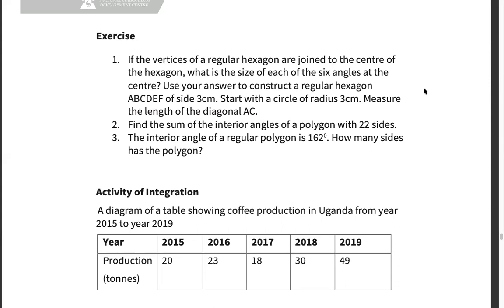Are you talking of number 3? Yes. They have told you that the interior angle of a regular polygon is 162. They want you to find the number of sides. So when you worked it out, what did you get?